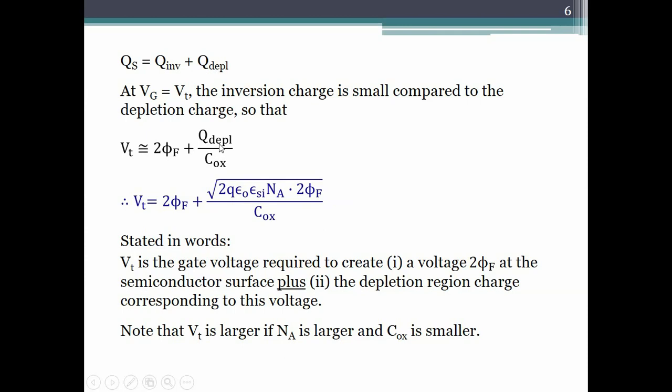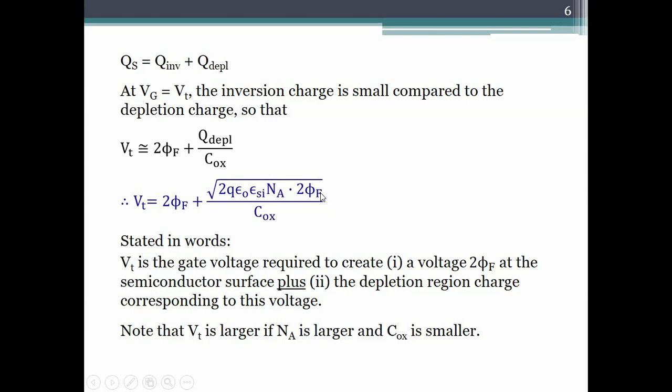Now one can solve Poisson's equation for that MOS system and show, which we will not show, that the Q depletion can be written as the square root of 2q epsilon naught epsilon Si Na into 2 phi f. That same 2 phi f appears here also. So this is the equation for the threshold voltage.